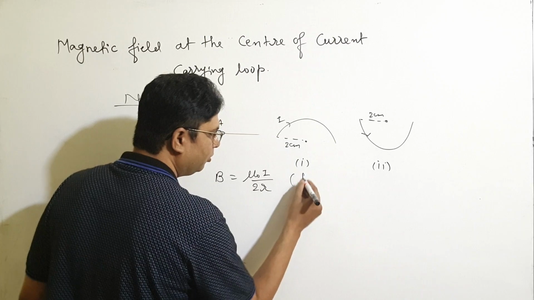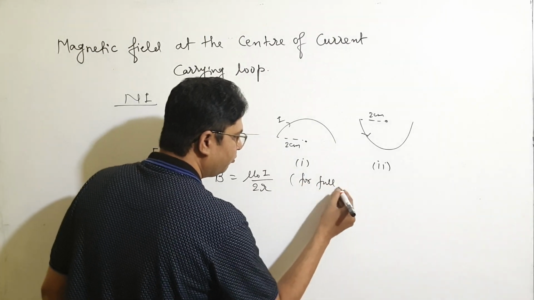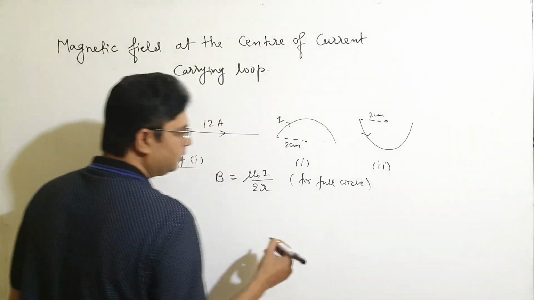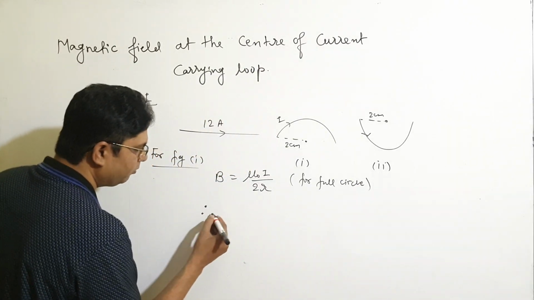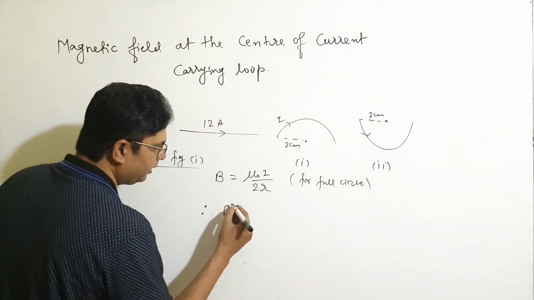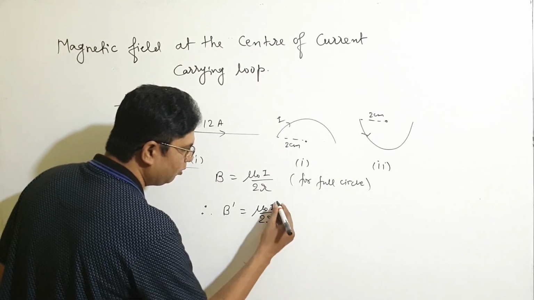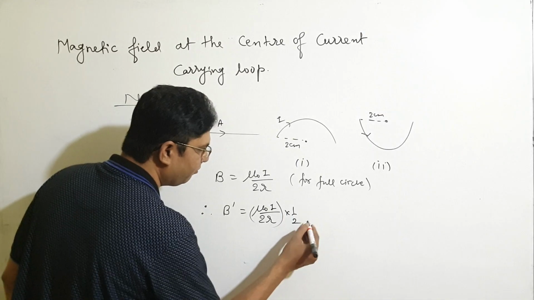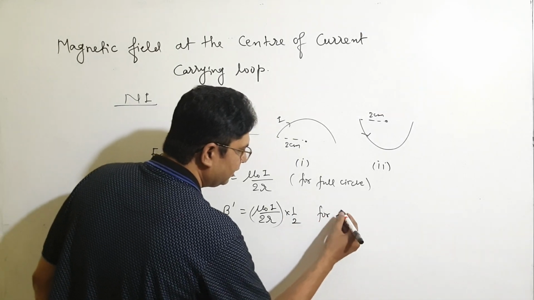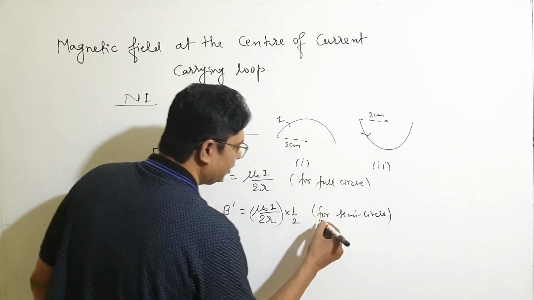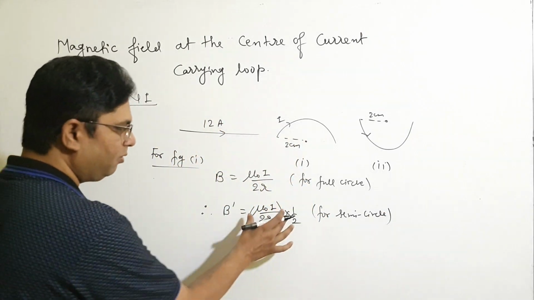This is for a full circle. Therefore, B dash equals mu naught I upon 2r into half. This is for a semicircle. Now here it is a semicircle, so this formula will be used.